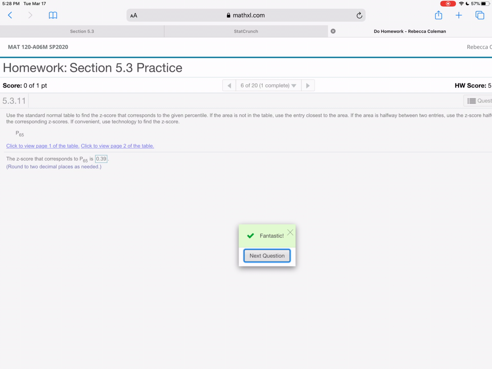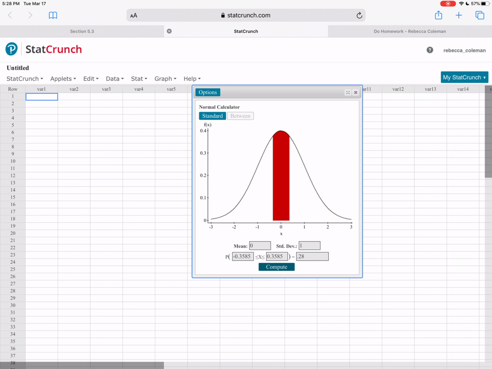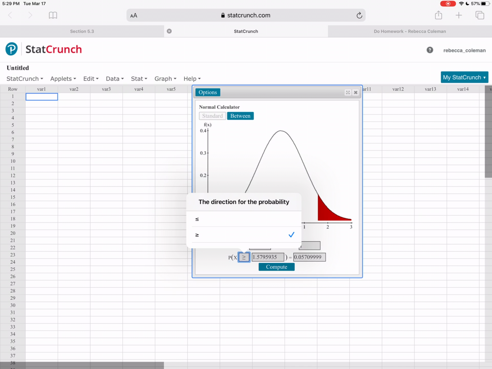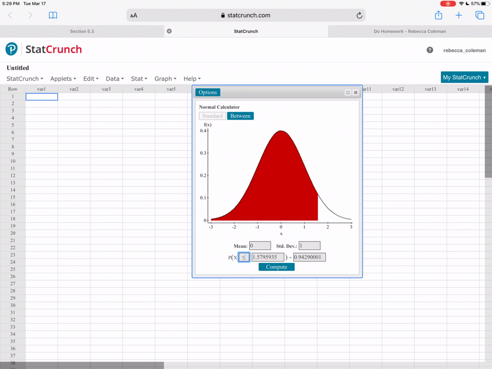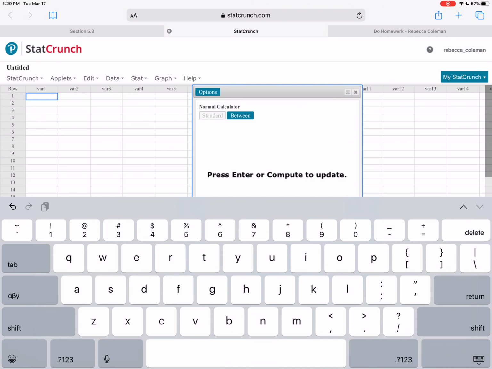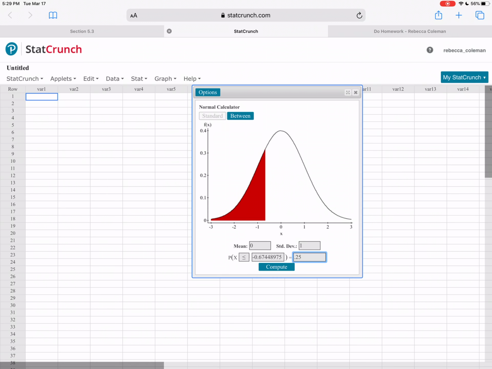All right, and remember, if you know the area left, you can also do these using StatCrunch. So I would go back to the standard calculator. Quartiles and percentiles are always defined in terms of what comes to the left, so they're always less than. If I want the first quartile, I can put in an area of 25%, 0.25, and there's my corresponding z-score of negative 0.67.